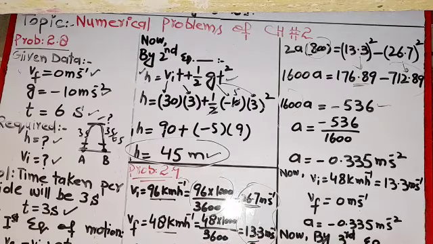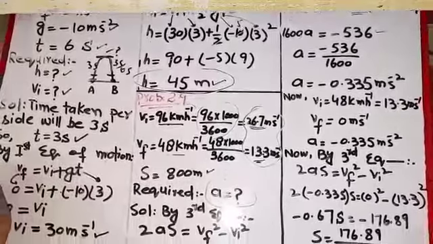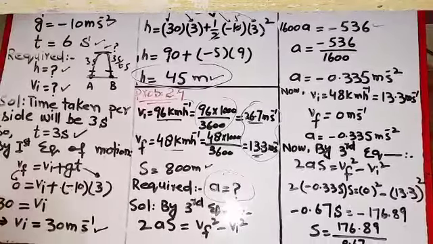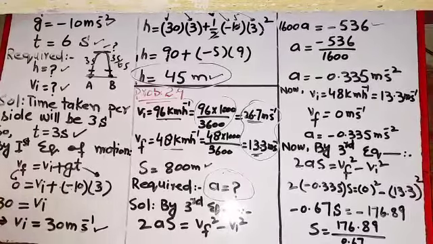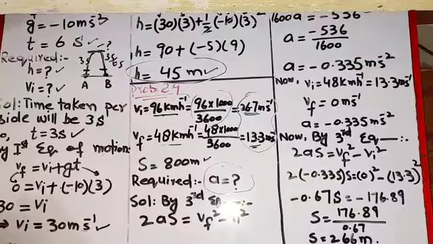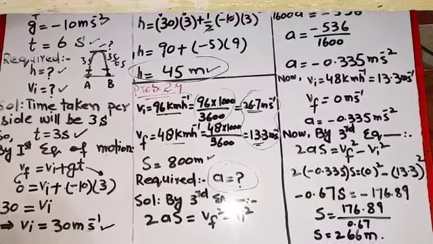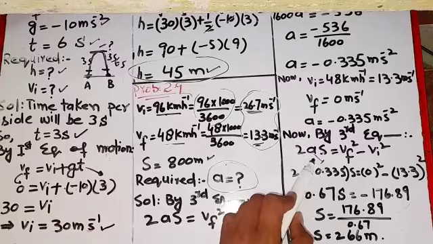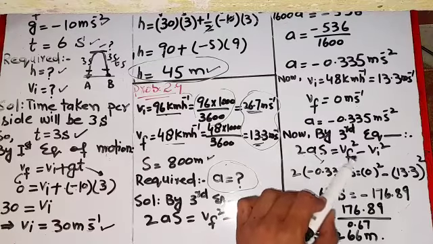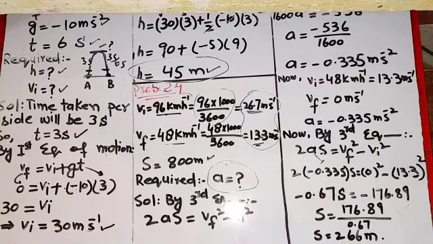When we put the values in the third equation of motion, 2as is equal to Vf square minus Vi square. By putting the values, a is minus 0.33, Vf is 0 and Vi is 13.3.